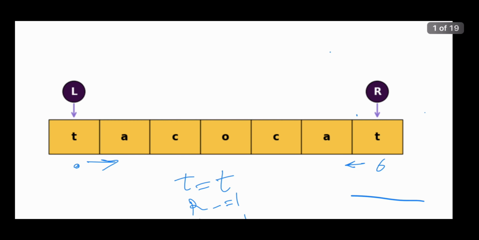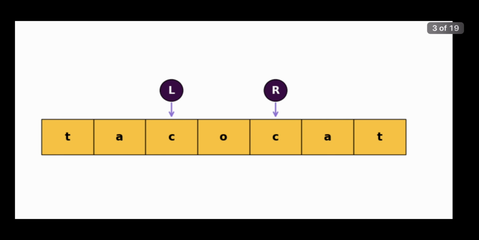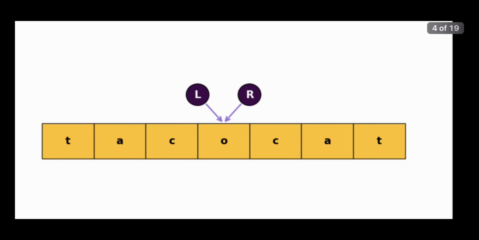Now we are here, and at this point we can see again that A is equal to A. So again, we decrease this index and we increase this index. And then here again, we can see that C is equal to C. We decrease this and increase this, and we reach the last character that we have.